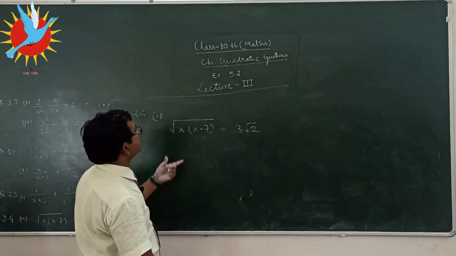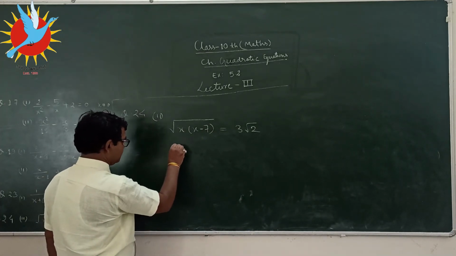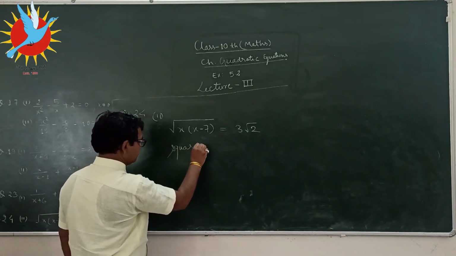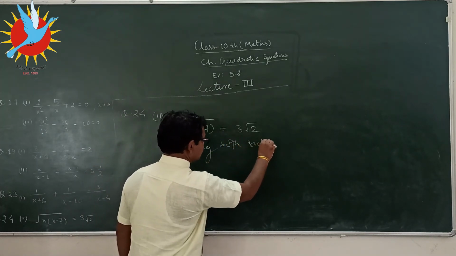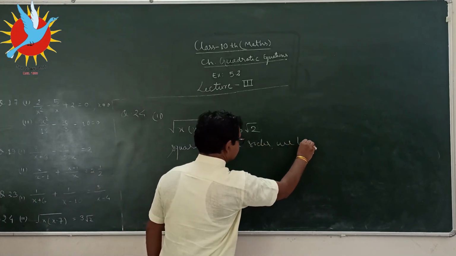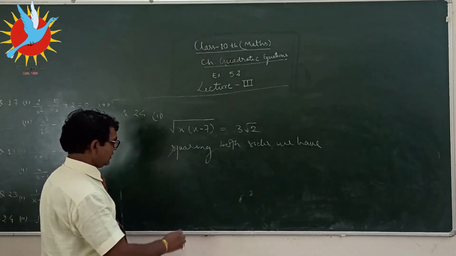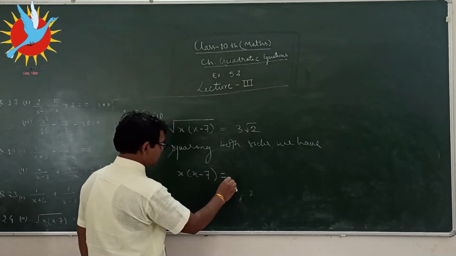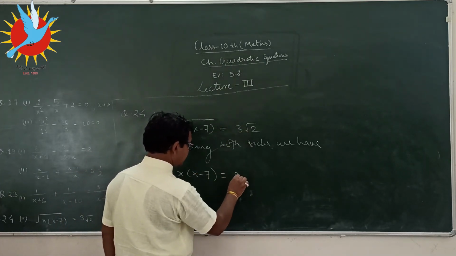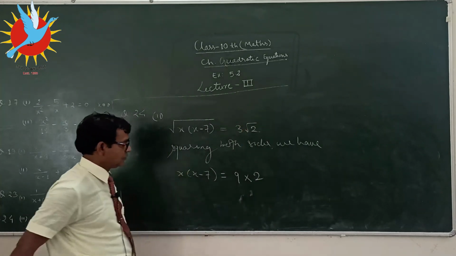To solve this, first of all we have to square both sides. So squaring both sides, we have x minus 7 equal to 3 square, 9, and square of 2 root 2 equal to 8.